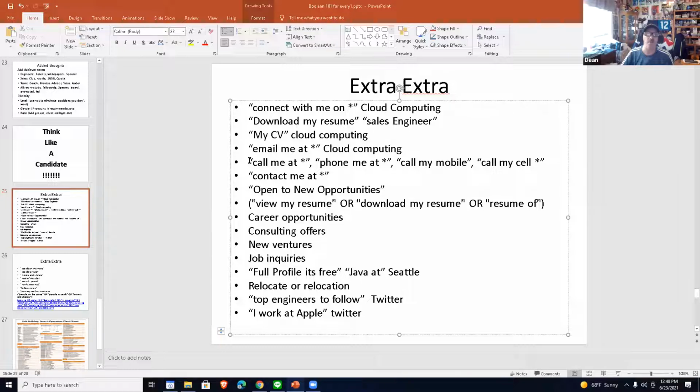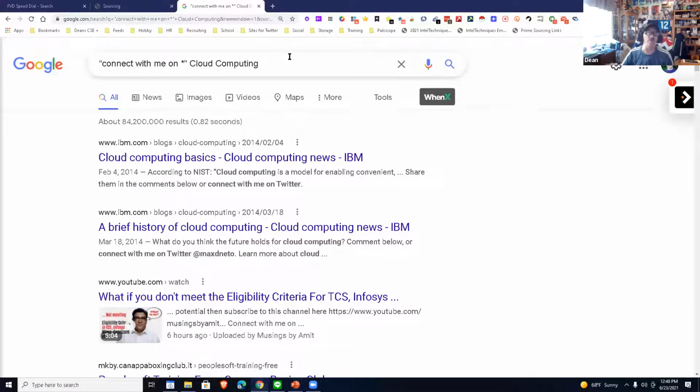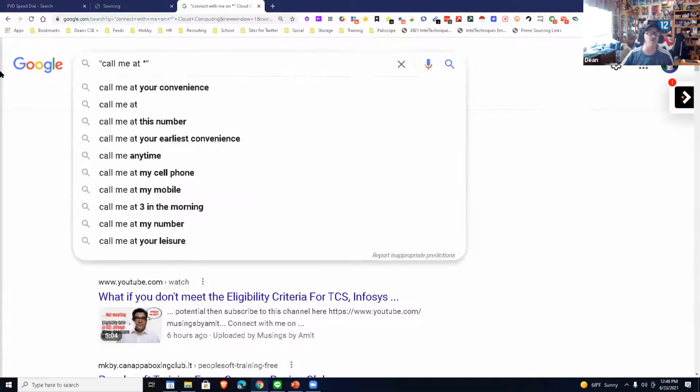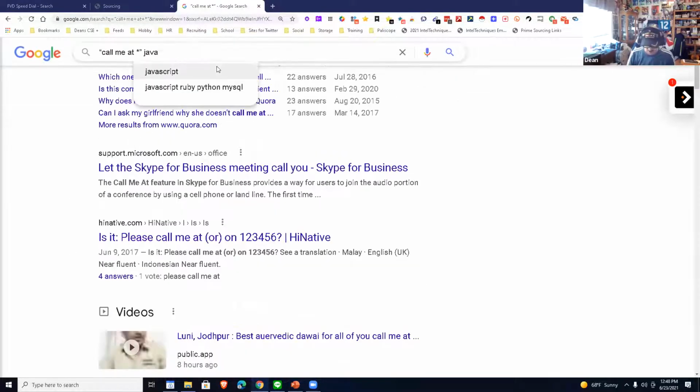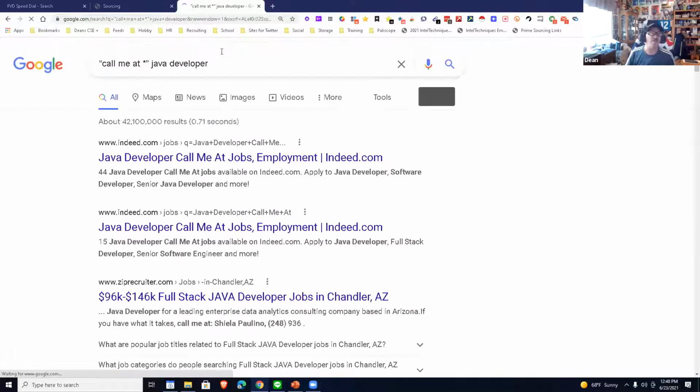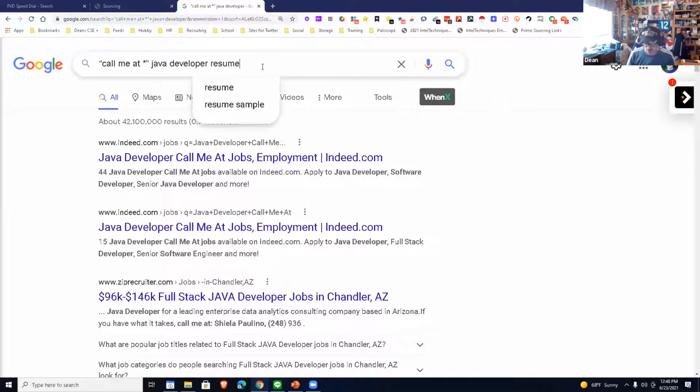Let's do the call me at. Let's just see what happens if we do this. And then we're going to combine it with a little straight Boolean, not just semantic or natural language. Call me at, okay, nothing in there. Let's put Java developer. Okay, it doesn't want to let me type. That's fine. Be that way. Call me at Java developer. Okay, this is getting interesting. Now, let's go with just the word resume.